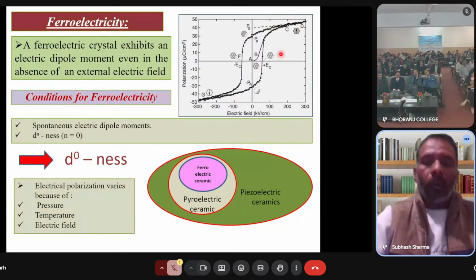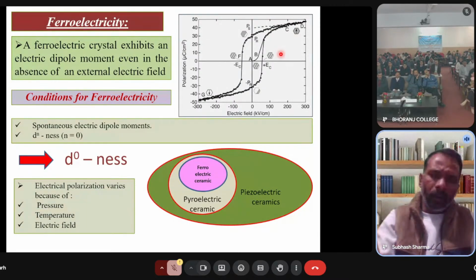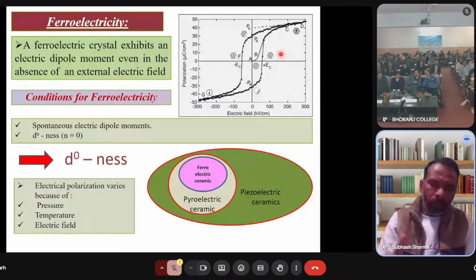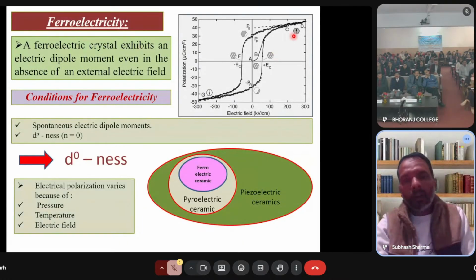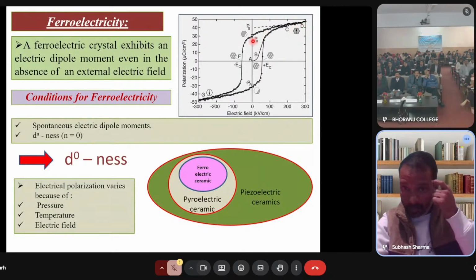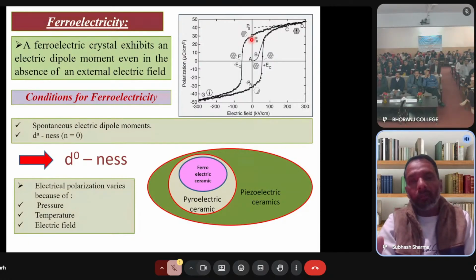For example, you have 10 domains in your material, just for simplicity. However, there are many atoms and many dipole moments. So once you reach from D to this point PR, maybe out of 10, 6 are still in the same direction as the electric field.